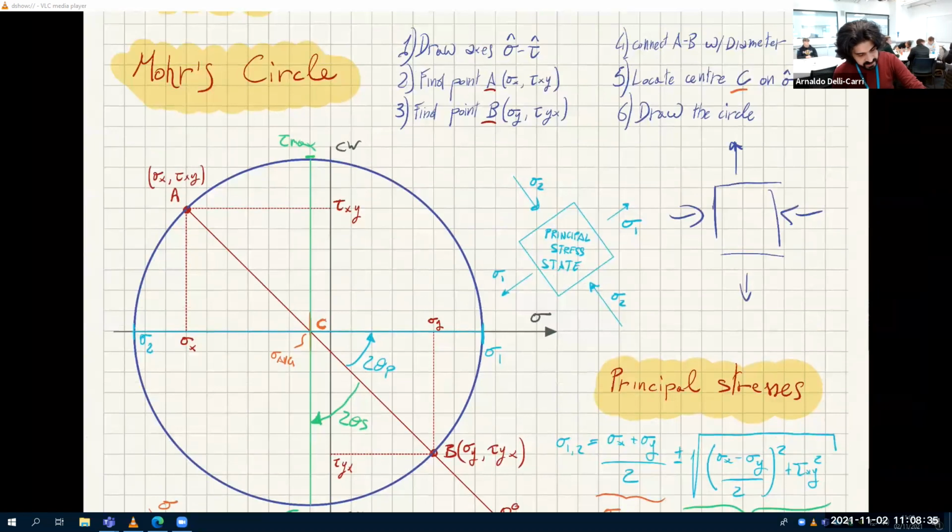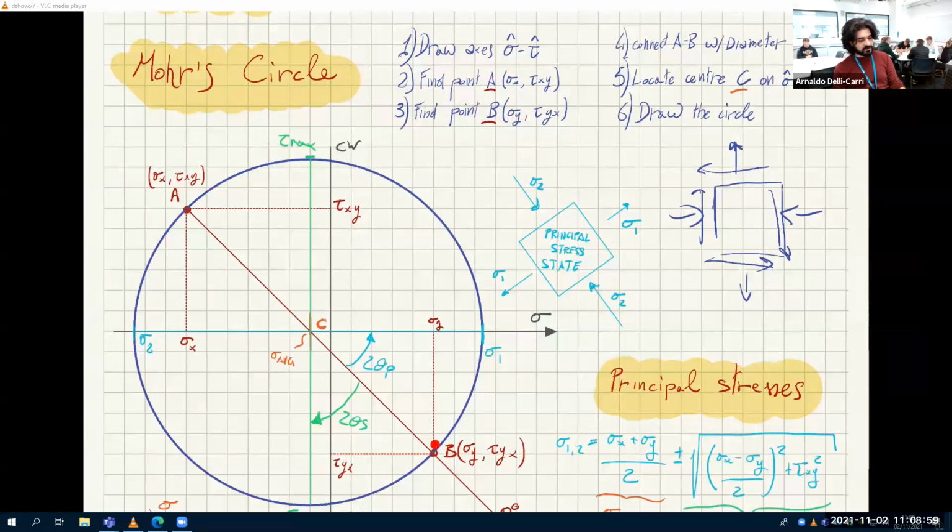And the shear stress is like this. So this infinitesimal here is represented by this point A and this point B. Point A is sigma x, tau xy, and point B is sigma y, tau yx. Okay? So sigma x, tau xy intercept point A, sigma y, tau yx intercept point B.